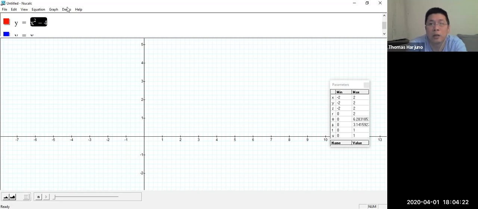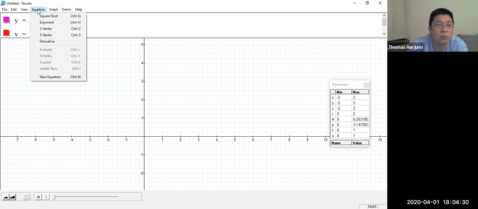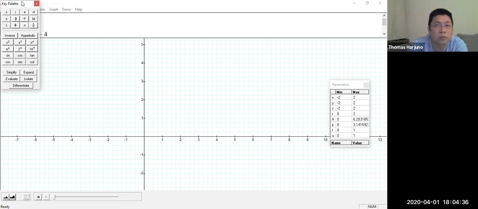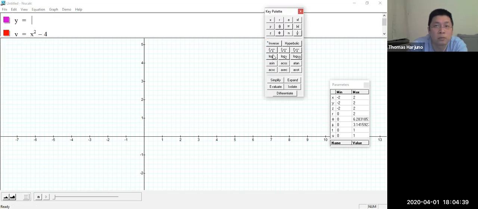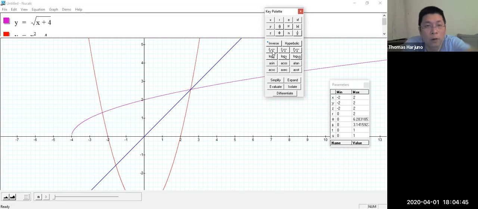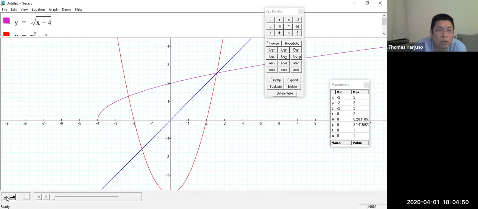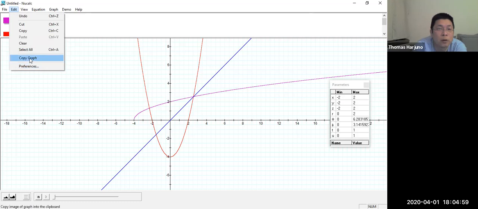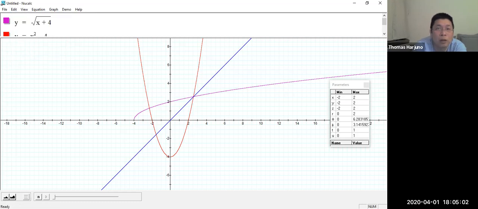And then the other one is the square root of (x + 4). Okay, now the graph is a bit too much. Let me screenshot this, get the graph, and then put it back.